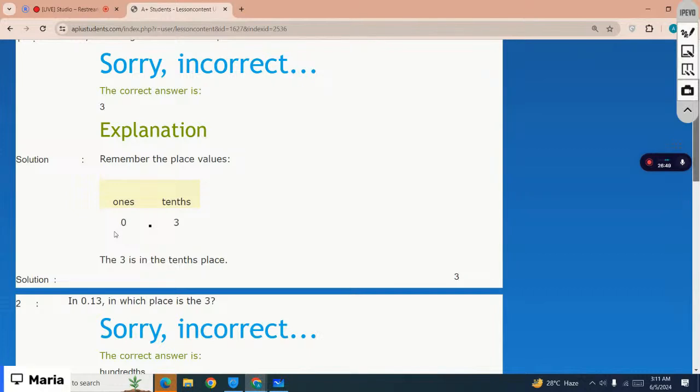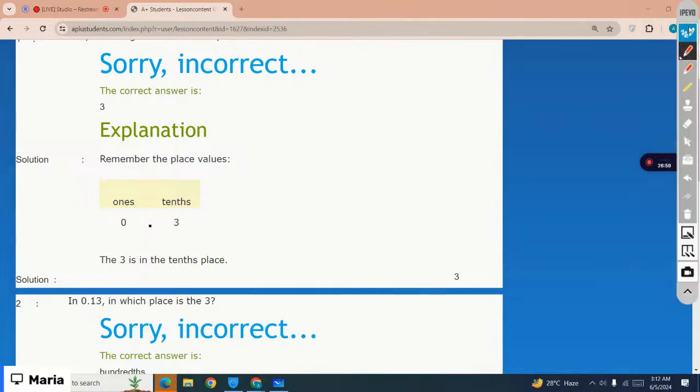The first place right after the decimal point is tenths, right? And the next to tenths is hundredths, right? Then you have thousandths. So they go like this: tenths, hundredths, and thousandths. Let's just start with the test questions.